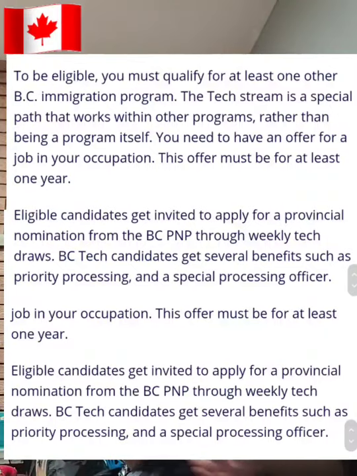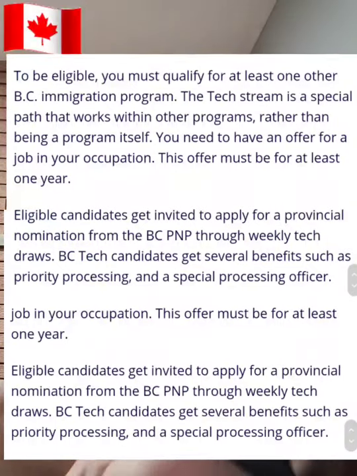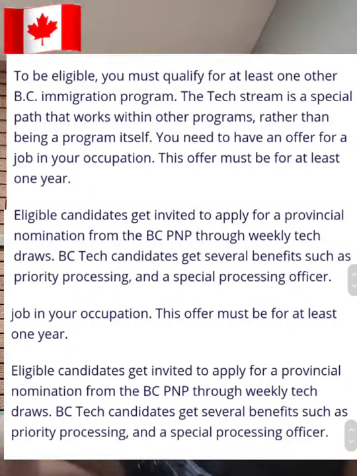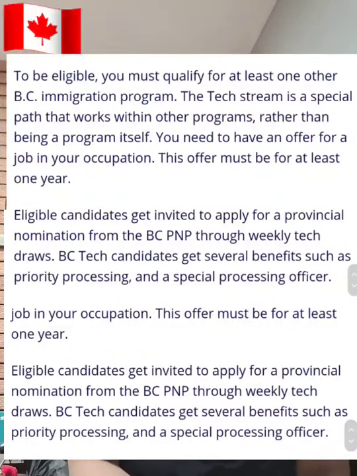So then next is British Columbia Tech. Now British Columbia Tech is part of a provincial nominee program only, but there's a special place for tech workers, and they target those tech workers if they fall in the 29 eligible tech occupations. The link will be in the description to see if you fall under those occupations. To be eligible, you must qualify for at least one of the BC immigration programs.